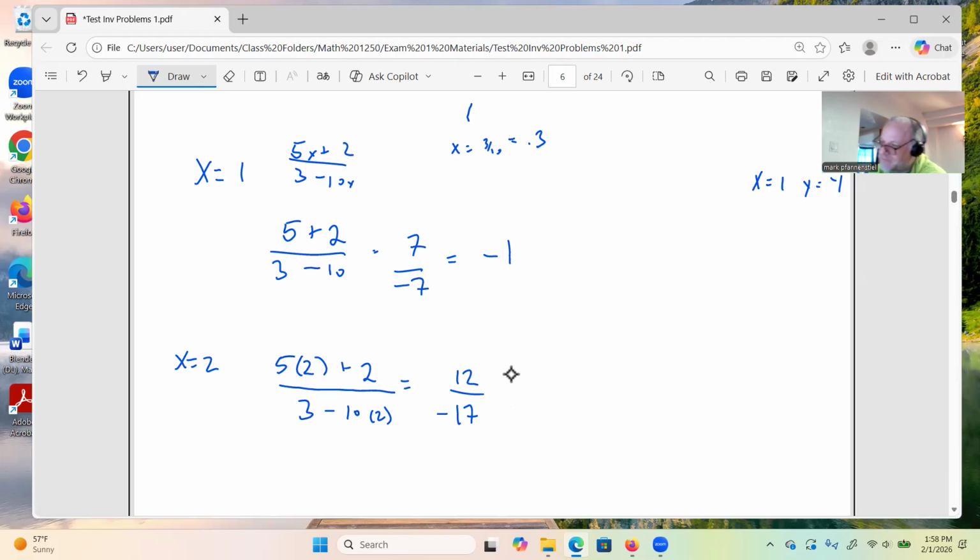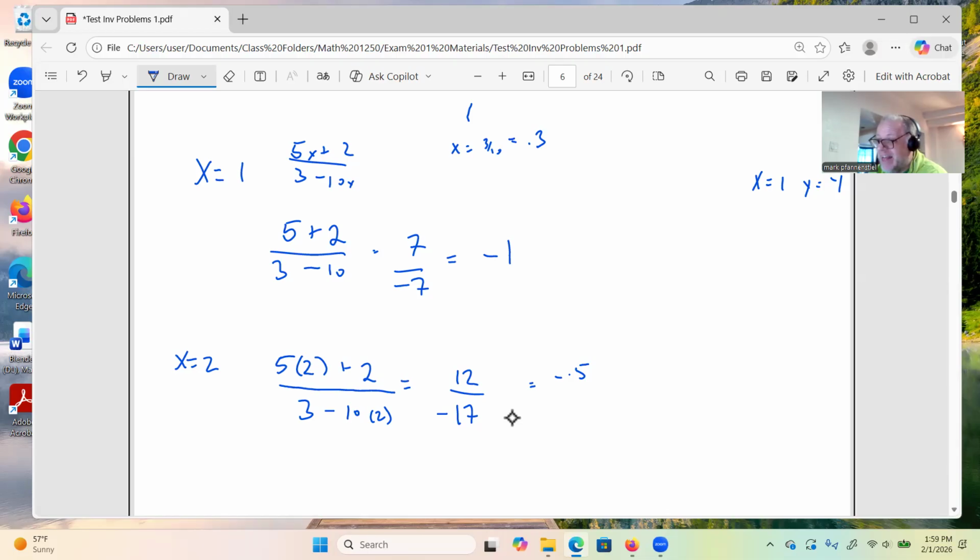12 seventeenths. Again, comparing it to negative 0.5, I don't know what 12 seventeenths is. You guys can use a calculator and figure that out. But I do know that if this was going to be a half, I'd need something like 17 divided by 2, which is 8.5.